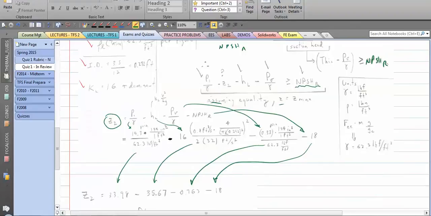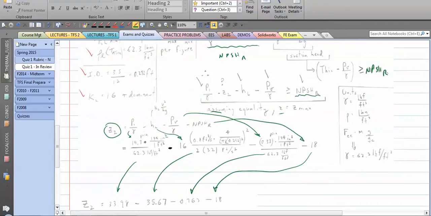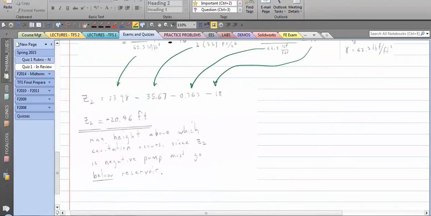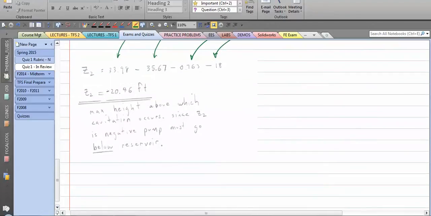So the answer to whether or not it can be above is no, and it has to be at least 20.46 feet below the inlet, or I should say the top of the free surface of the reservoir, to avoid cavitation. What could we do to ensure that cavitation would not occur if that distance was not available? We've got a number of options. We can certainly change the pump, change delta pump, shorthand. We could increase P1.